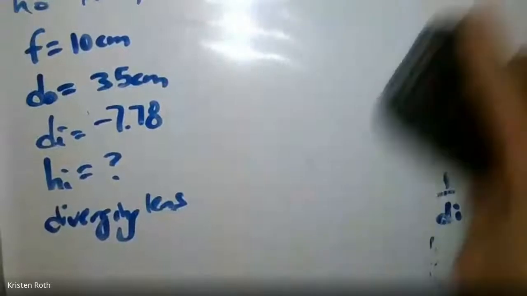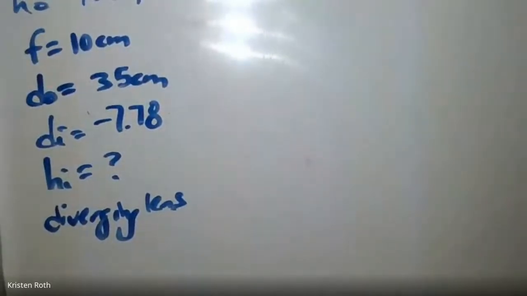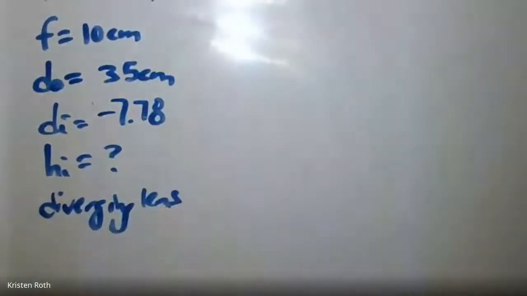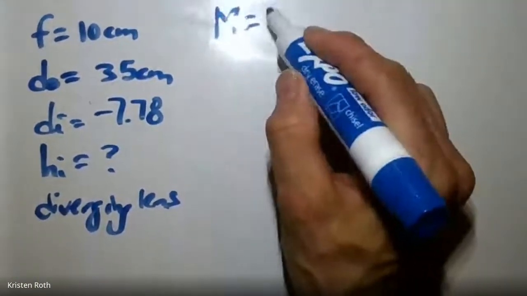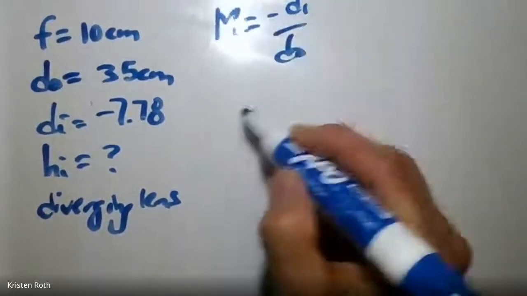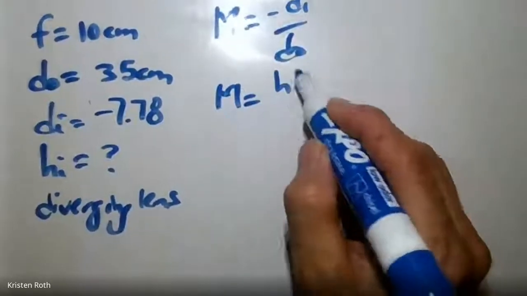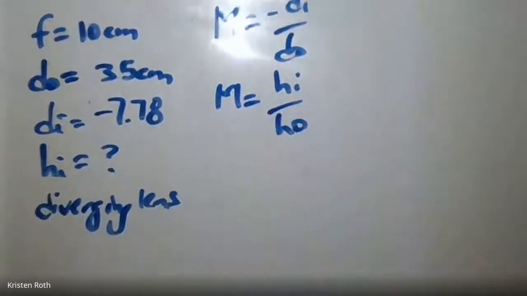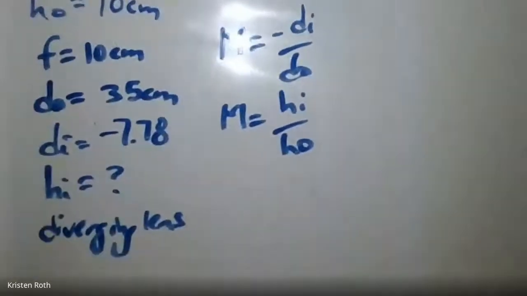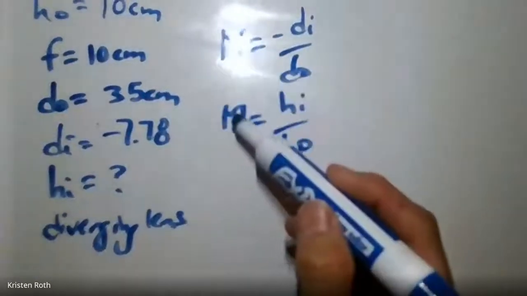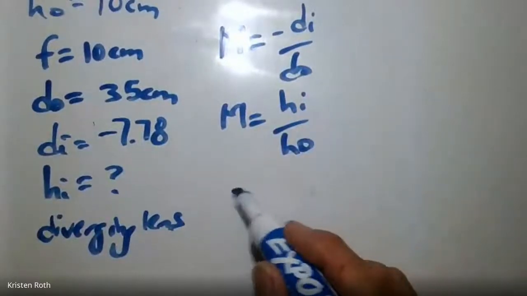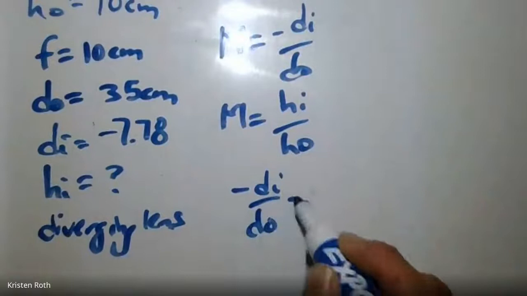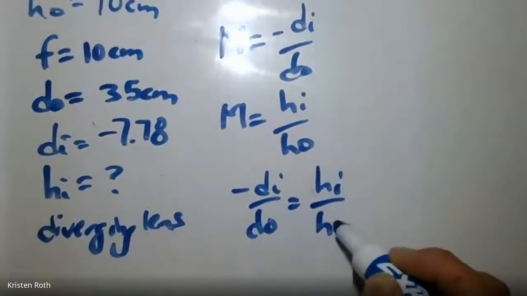Now we are trying to find the height of our image. Just quickly, because magnification equals negative di over do, and magnification equals hi over ho, and because these both equal magnification, that means they equal each other, which means negative di over do equals hi over ho.